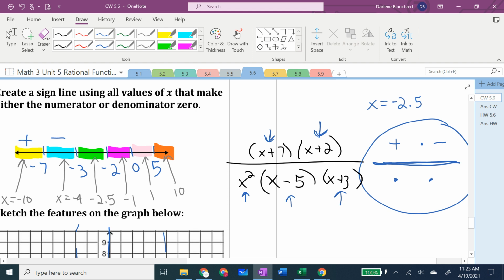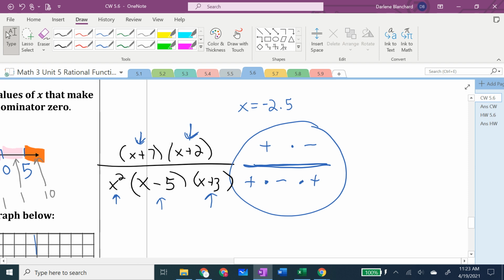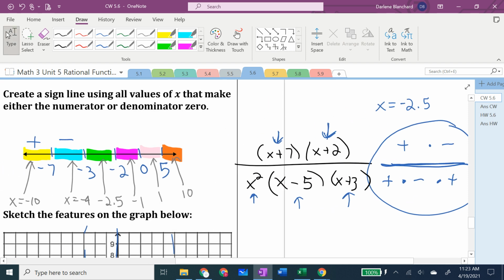Now, I'm squaring this negative number. That forces it positive. -2.5 minus 5 is negative. -2.5 plus 3, just barely, it is positive. The 3 is bigger than the -2.5. I have 2 negatives overall. That means positive.